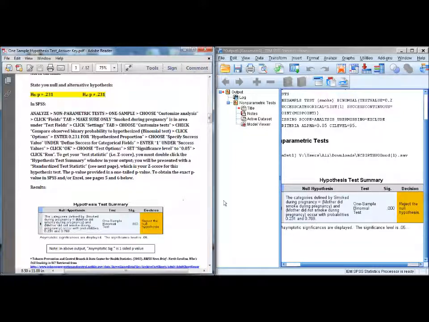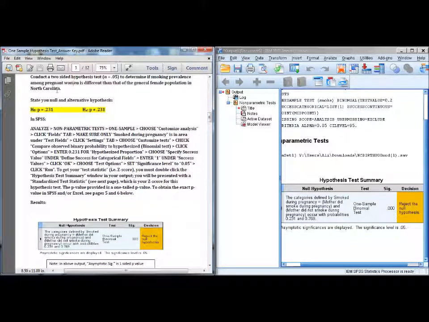If, for example, you saw a p-value of 0.03 here, let's say that the p under sig is at 0.03, and you rejected your null based on that, you would be wrong in this case because this is a two-sided test. So we're not looking for a one-sided p-value, we're looking for two-sided.